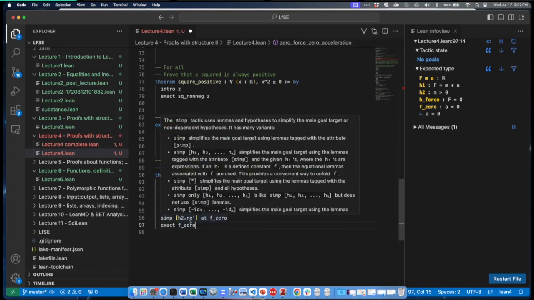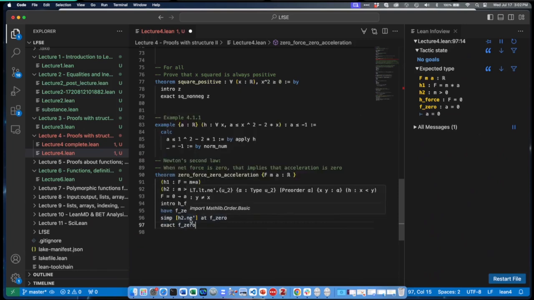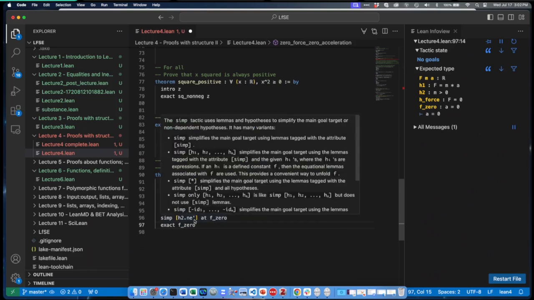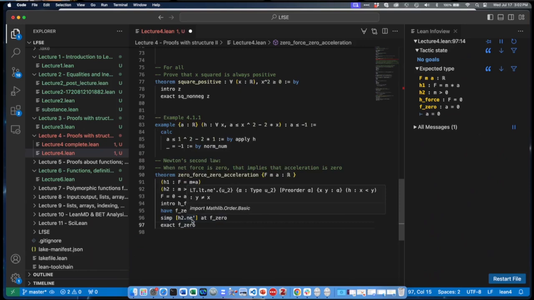This is one of the simplification tactics. We could probably break this up into a couple of different steps. But if we know m is not 0, then a must be 0. We know that m is not 0 because of other things.